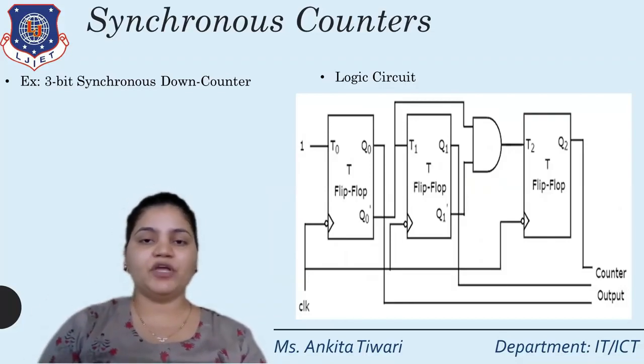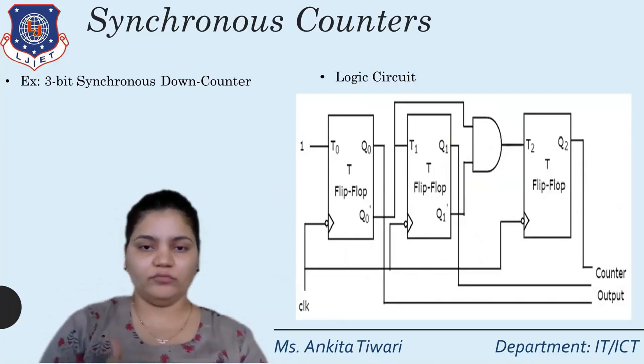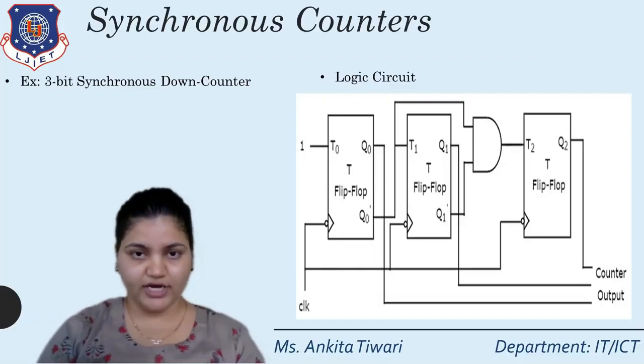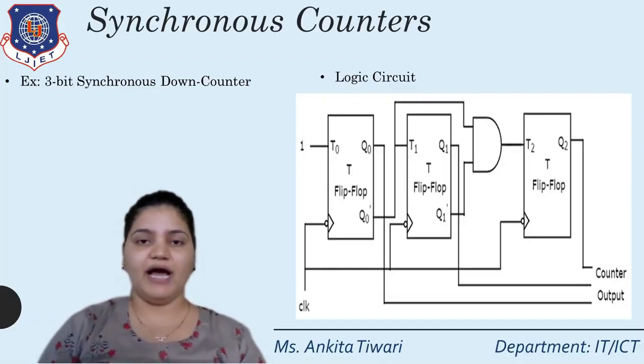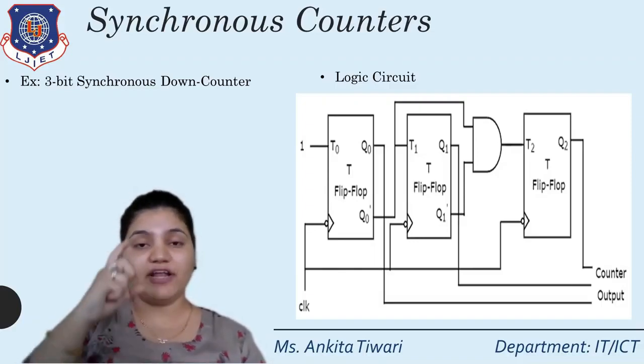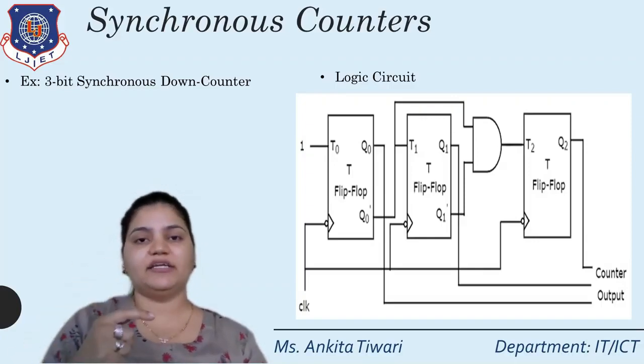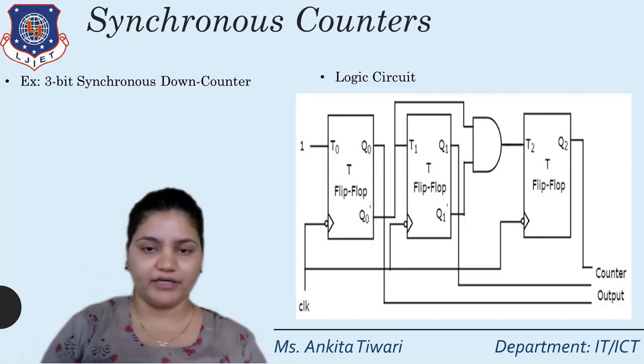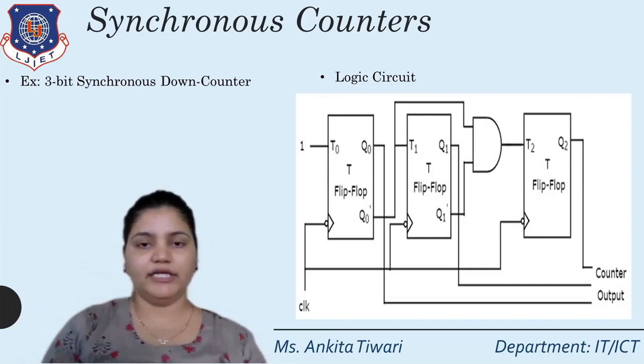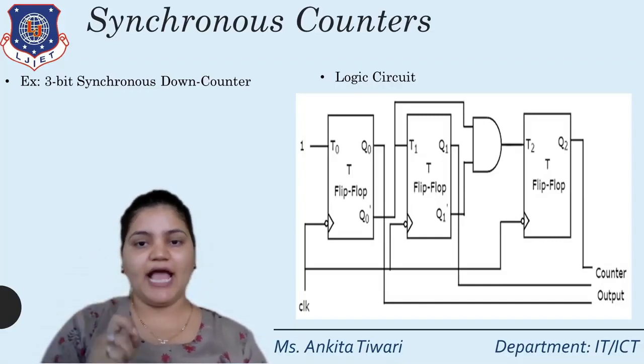Then in the next, T1, we know we are getting the input as A0 bar, that means A of 0 bar. So here Q0 bar will be taken as the output because its value was 0. So Q0 bar will be taken as the input and it will be provided to the T1 part. And the third, T2, will have the AND product of A0 bar and A1 bar.